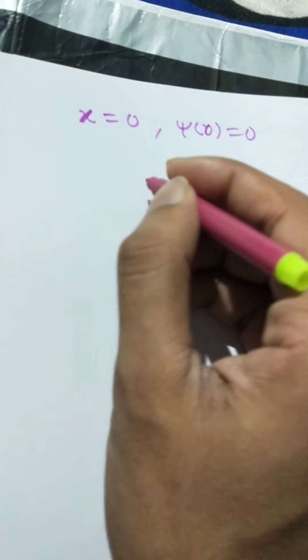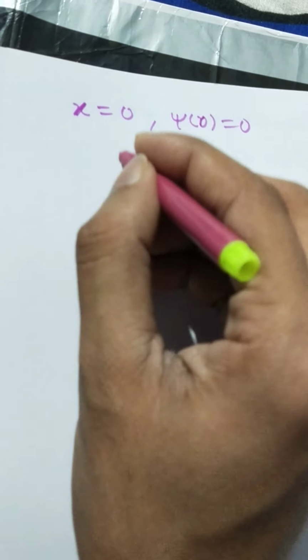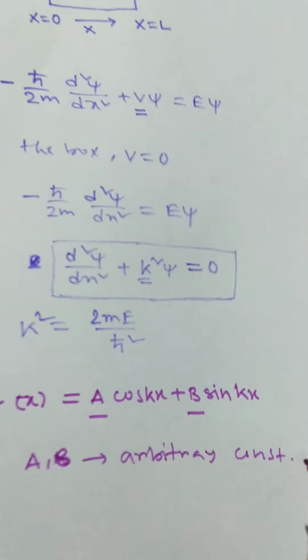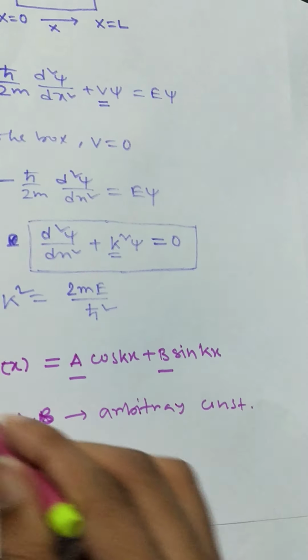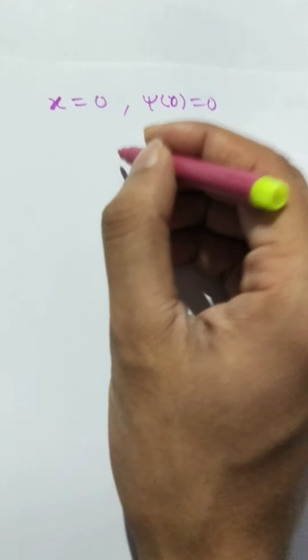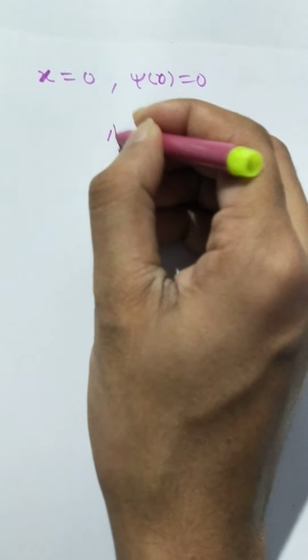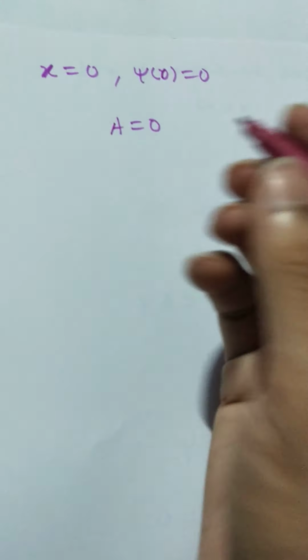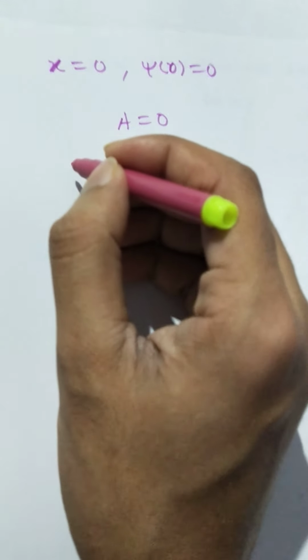So put the value in this equation, put x equals 0, then we get a equals 0.